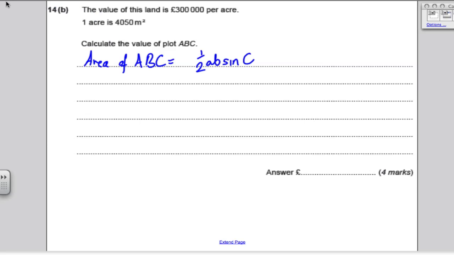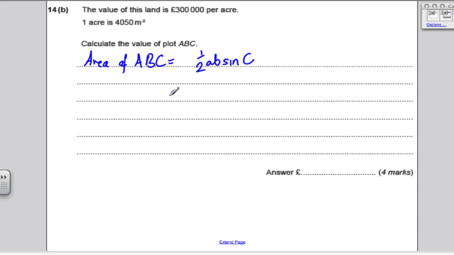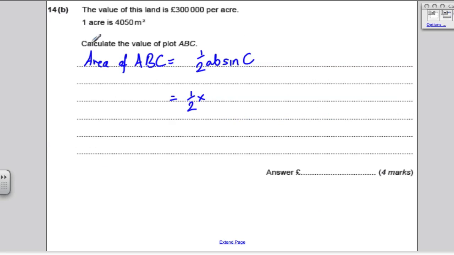So looking back at our picture here, we know this angle here, so using these two as a and b in this case, we would get the area is equal to a half times 160 times 200 times sine of the angle in between, which we said was 33.3 degrees.